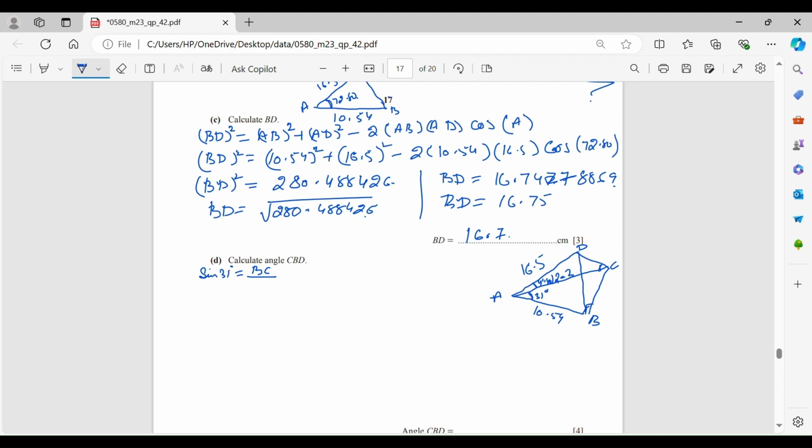Hypotenuse is 12.3, right? So BC will be equal to 12.3 into sine 31 degree. So we will use the calculator. BC will be equal to 6.33.